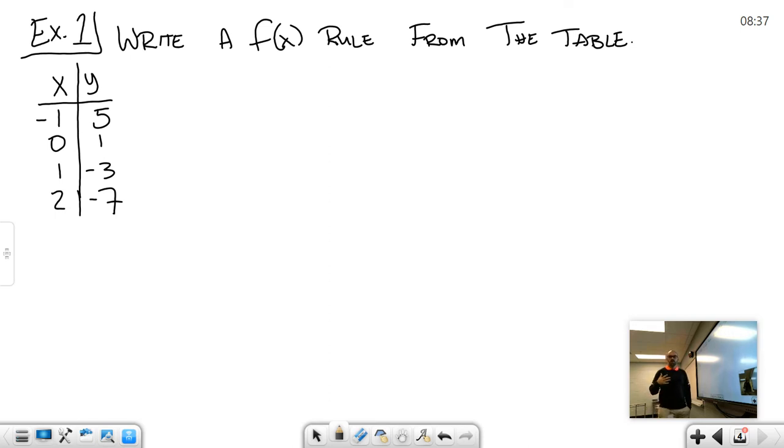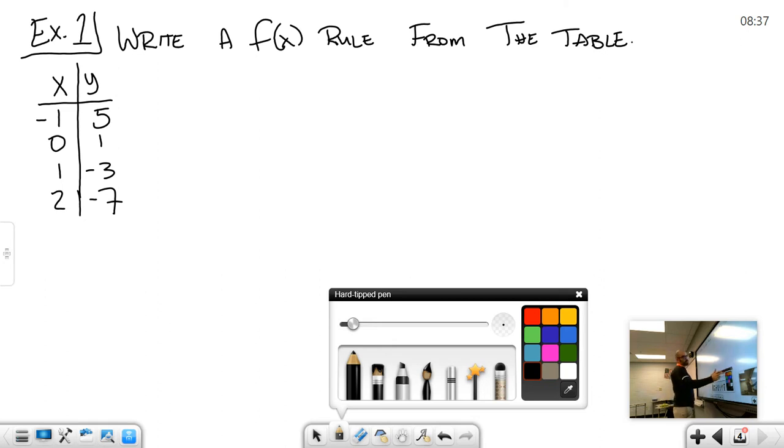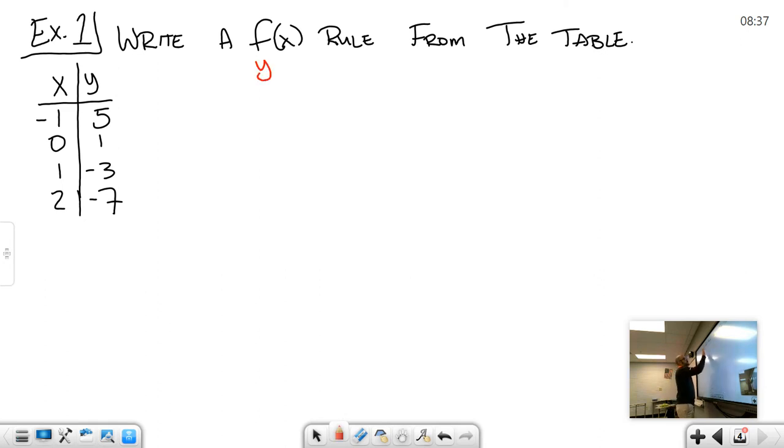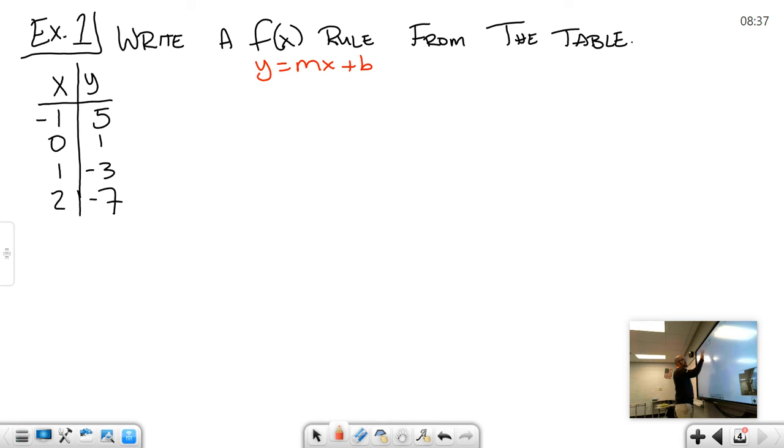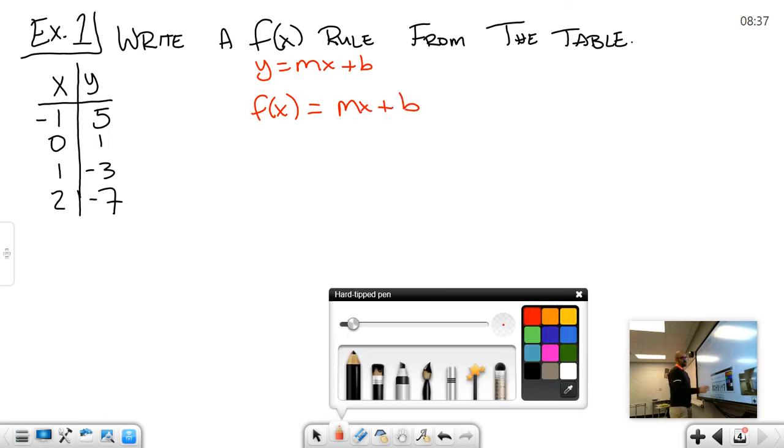So our function rule is going to look like what we wrote down a second ago. Y equals mx plus b. But the way we can think about it is f of x equals mx plus b. So the first thing we're going to find is the m.